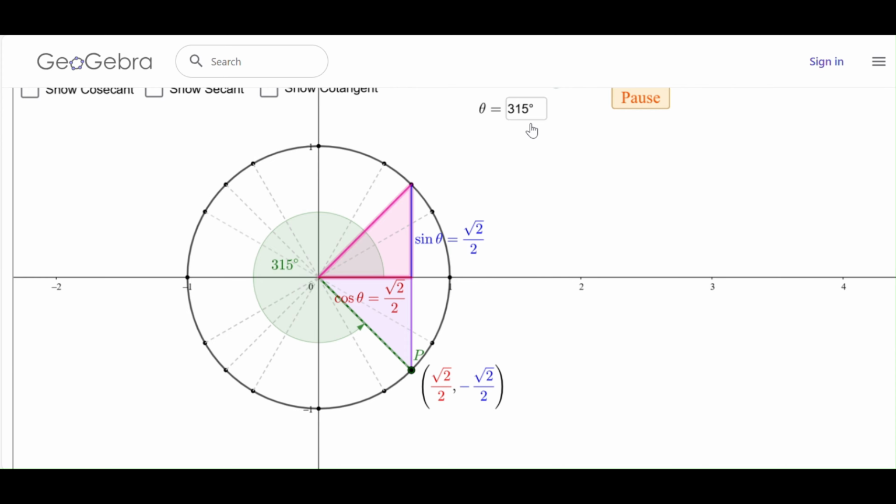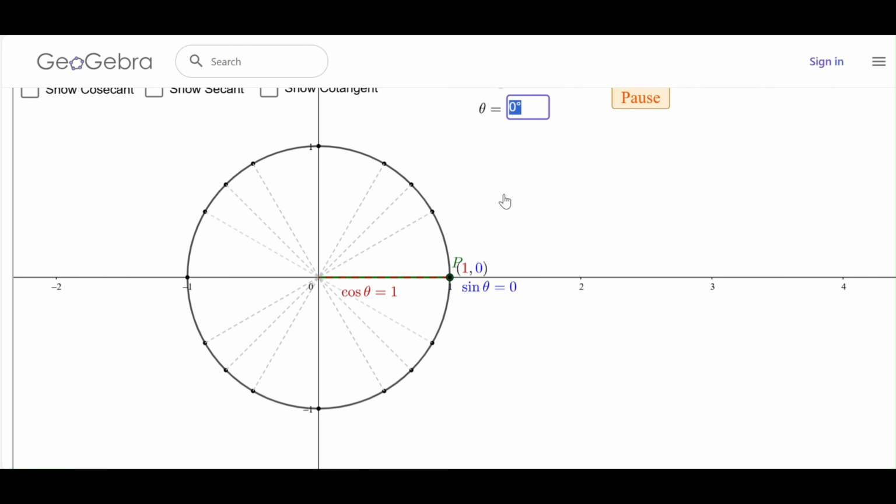So now you know how to find sine and cosine of 0 degrees. What did we say? 1 for cosine, 0 for sine. We didn't go up or down. Then we know for 90 degrees, it's opposite this time. Cosine is 0. We did not move right or left. Sine is 1.